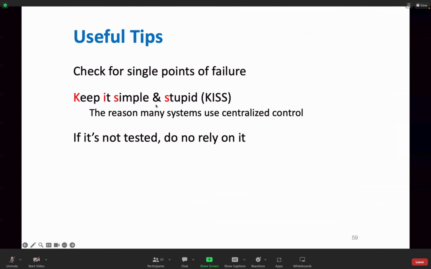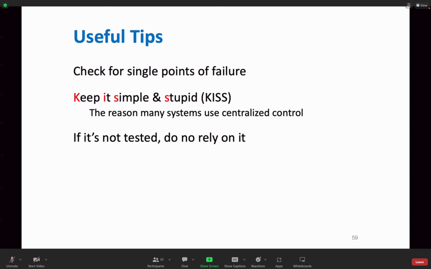So in all system architecture, make it simple, avoid single point of failure, and if you don't test it, don't rely on it. These are all practical data center operational tips.